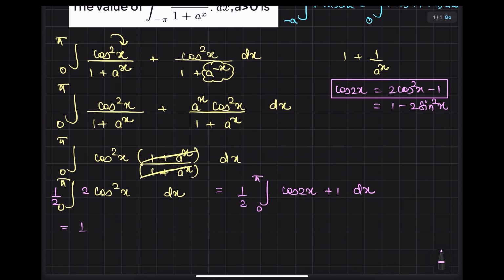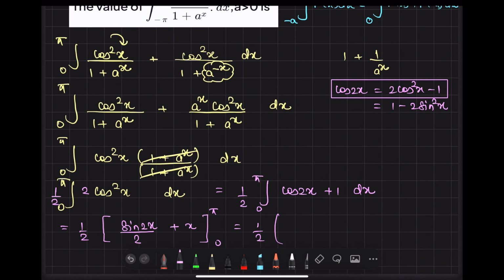So 1 by 2 is a constant, it can be taken outside. Integration of cos 2x is what? Sine 2x by 2. And integration of 1 is what? X. Now we are eligible to apply the limit. If you apply the upper limit, you will have sine of 2 pi.